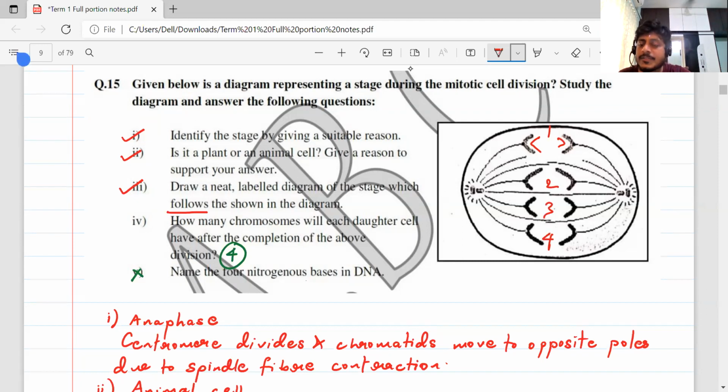This is a chromatid formed from this one chromosome. So the chromosome number is still 4 over here, because this is anaphase, as we identified. It's an animal cell, as we identified, because we can see the centriole and the aster present over there.